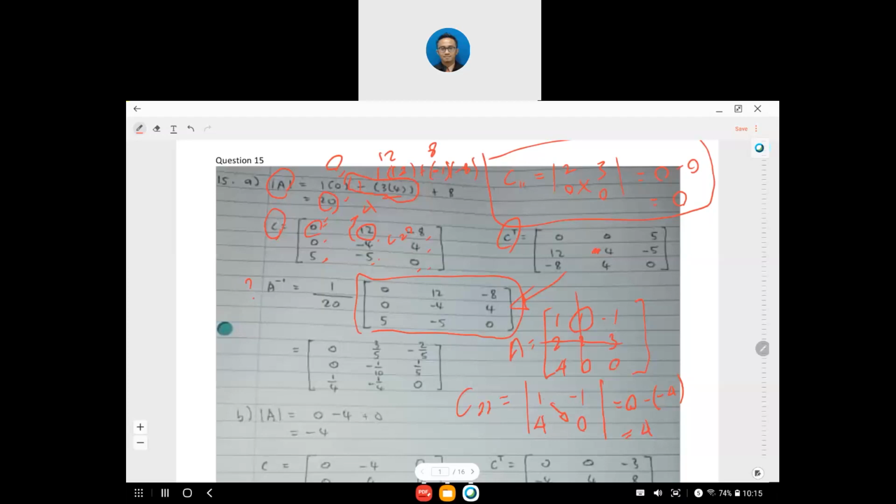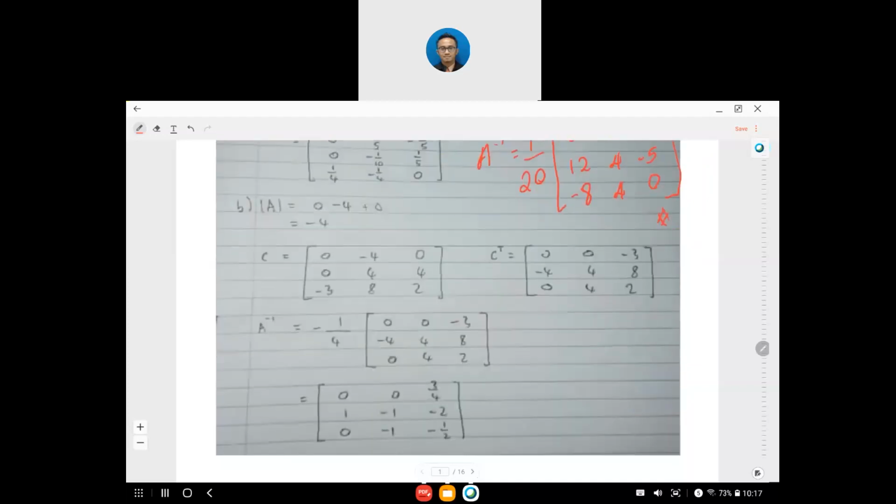So you can get matrix A inverse equal to 1 over 20 times this matrix: 0, 0, 5, 12, 4, negative 5, negative 8, 4, 0. So this one is your inverse. Okay?